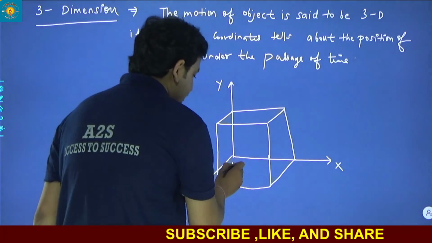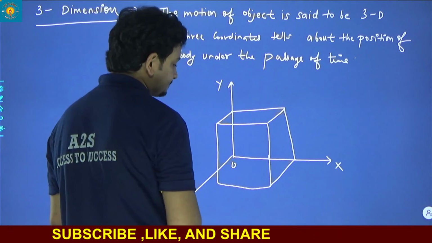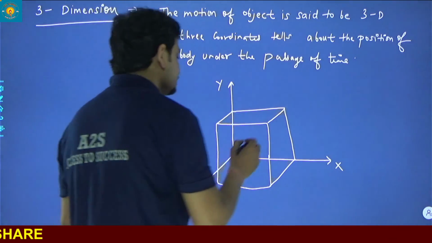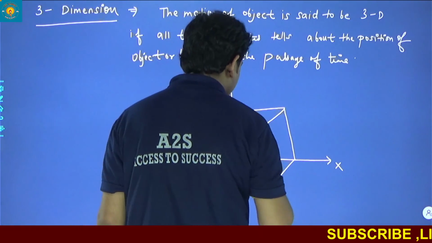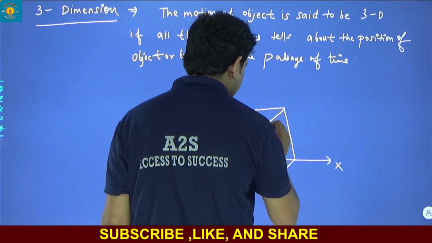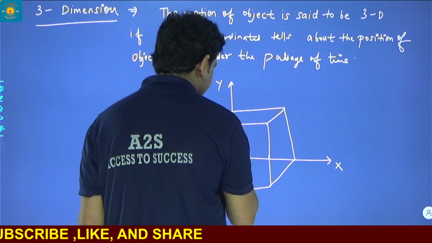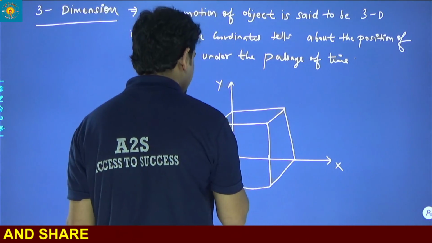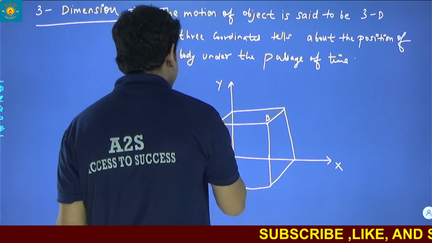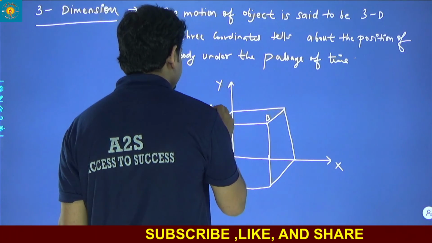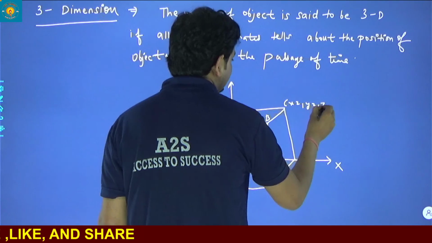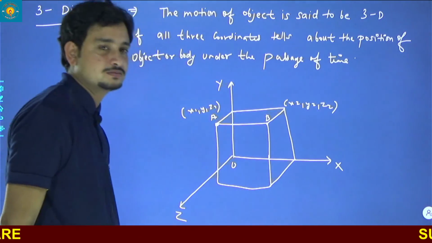Take the coordinates. If we take the coordinates of that, see, the coordinates come here for these 2 points A and B. A's coordinate is x1, y1, z1 and B's coordinate is x2, y2, z2. Clear?